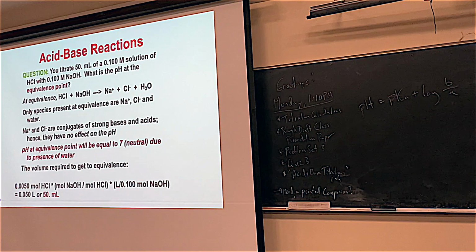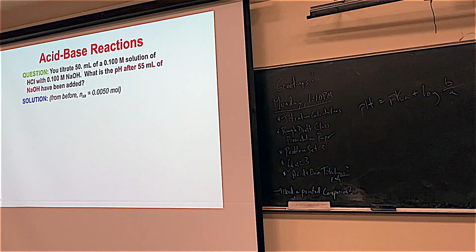So sure enough, it's going to take 50 milliliters of NaOH to reach the equivalence point. So that means that any volume past 0 and up to 50, you can use that pre-equivalence region equation. But at 50, that's when your calculator will spaz on you, and you've got to shift over to the pH of 7 value. Any questions?